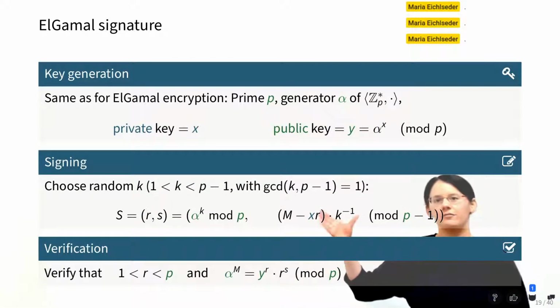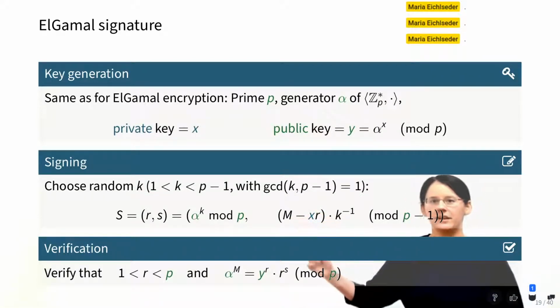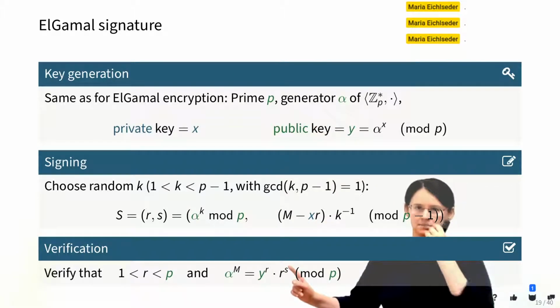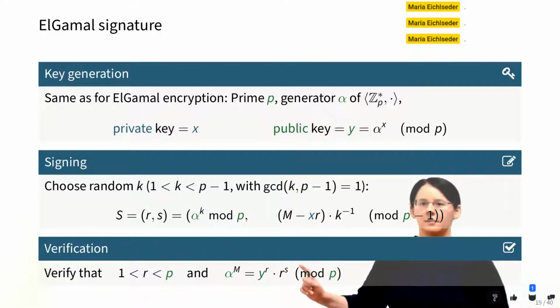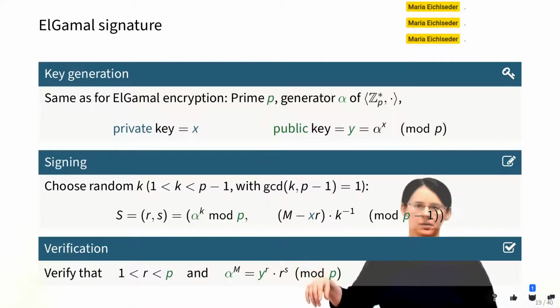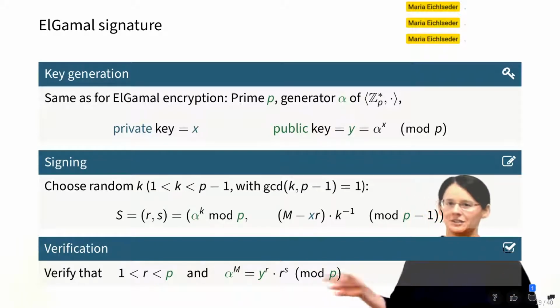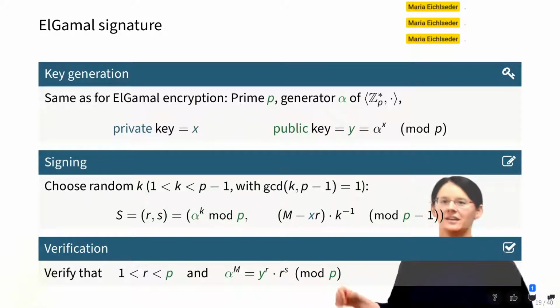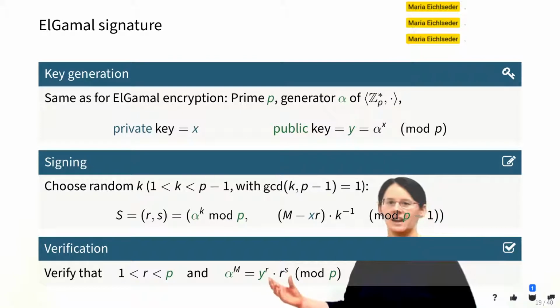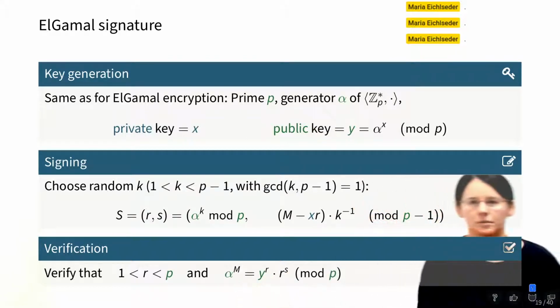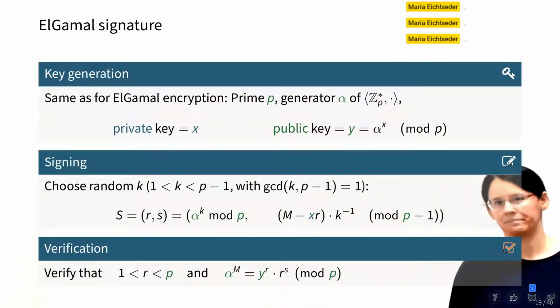If you now fill in this number for the s, and you evaluate the r here, and you do some exponential arithmetic, which is simple but involves lots of multiplications, which is why I have not written it down here, you essentially get as a result exactly alpha to the power of the hash of the message.